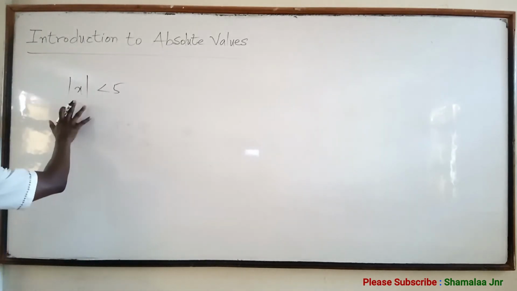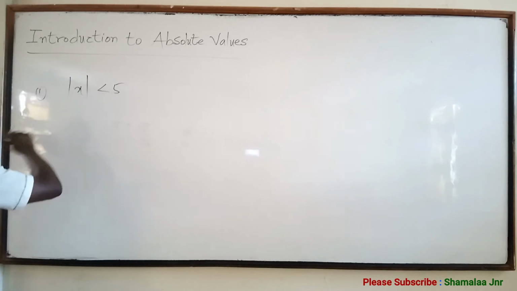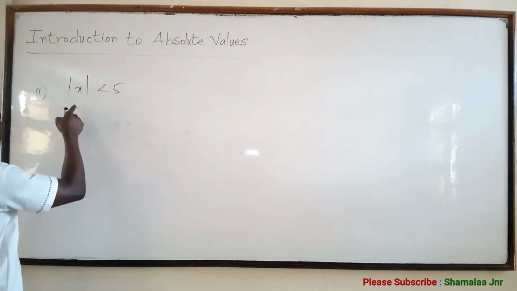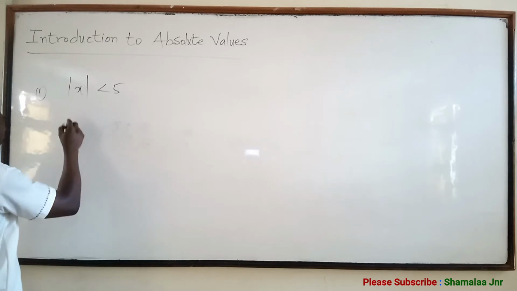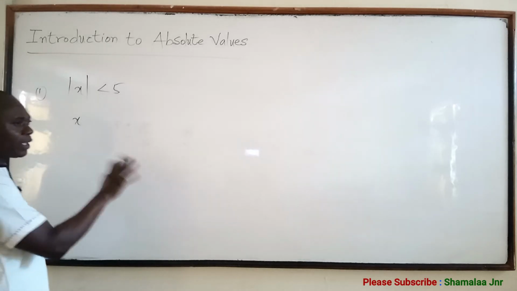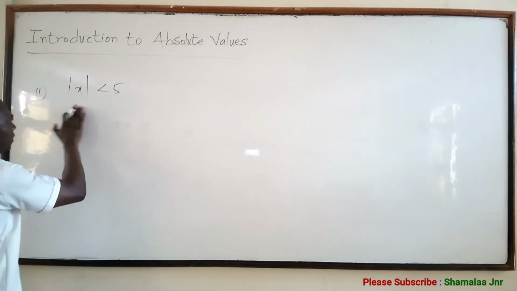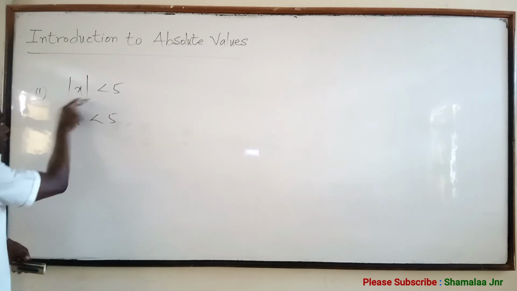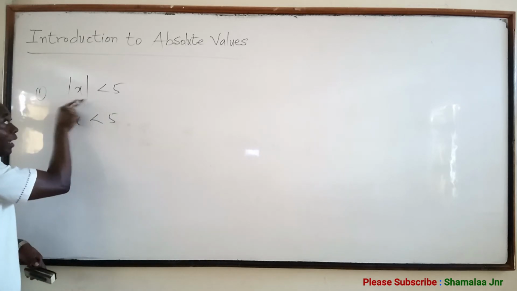Solution. When you are given something like this and asked to solve for x, the absolute value of x is x if x is greater than or equal to 0. So this means that x is less than 5.